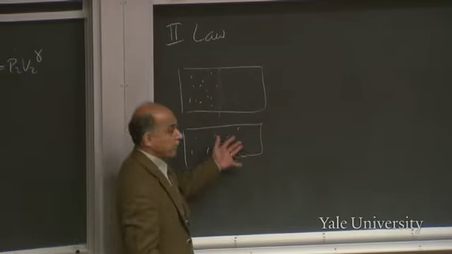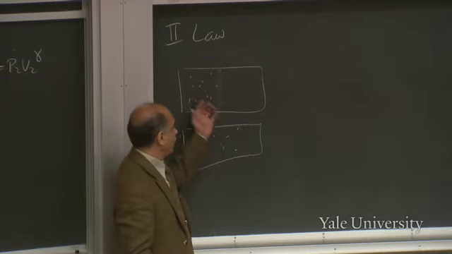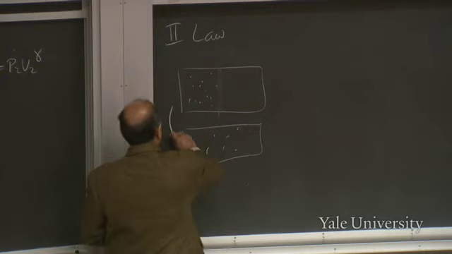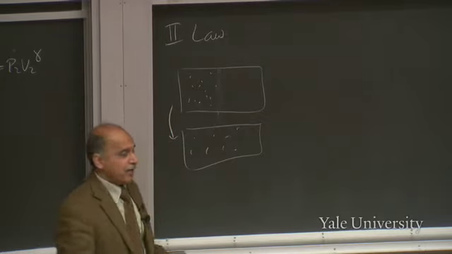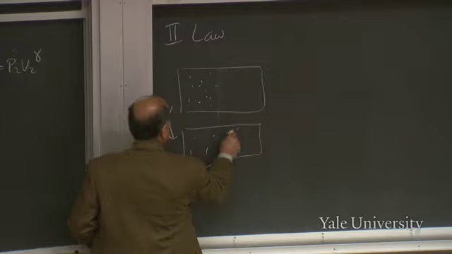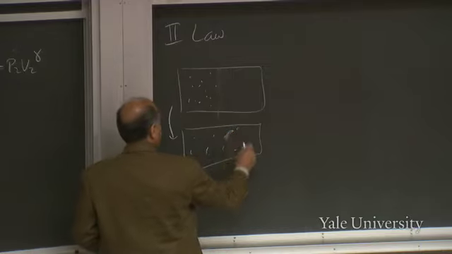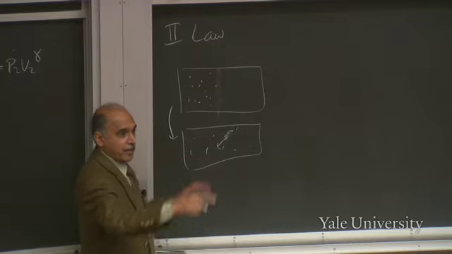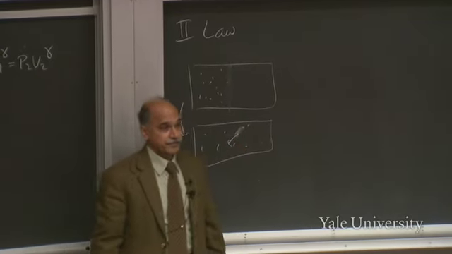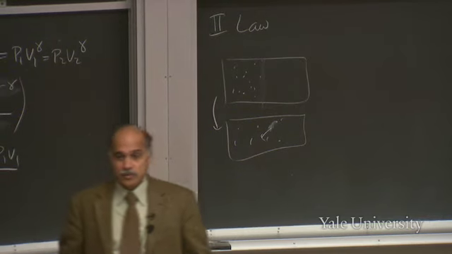Now take a movie of these molecules when they go from here to here, and play the movie backwards. What will happen when you play the movie backwards? Let's say this guy was moving like this the instant you play the movie back. Well, in the backwards movie, it'll start going the other way, and slowly the whole thing will untangle itself and end up here. That also will not happen.